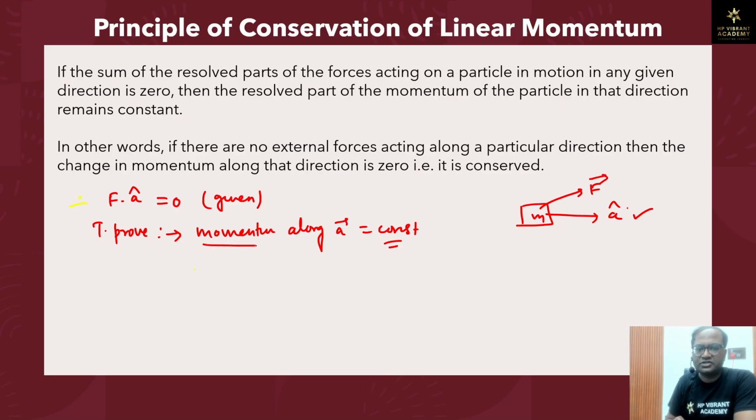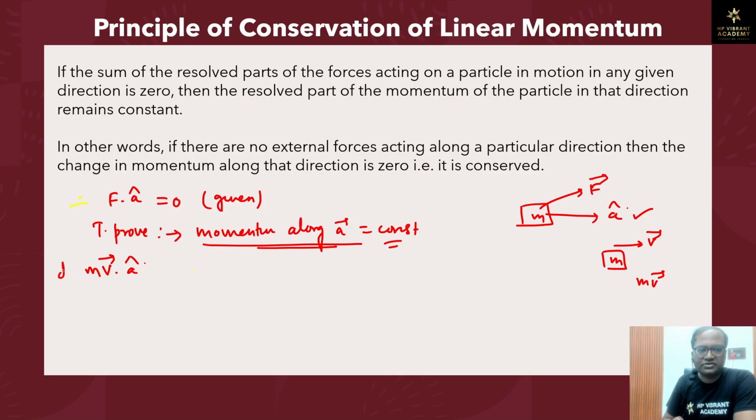So let us differentiate this. How can we find the momentum along a vector? Suppose the velocity of the particle is v vector and its mass is m. So mv vector is the momentum vector, and its resolved part along the direction a vector is mv dot a cap.